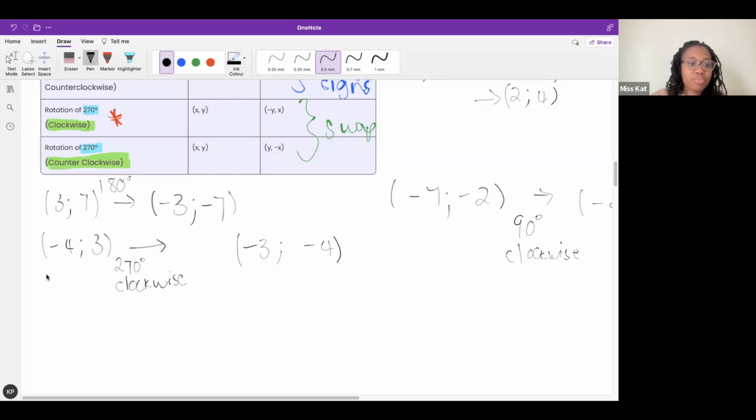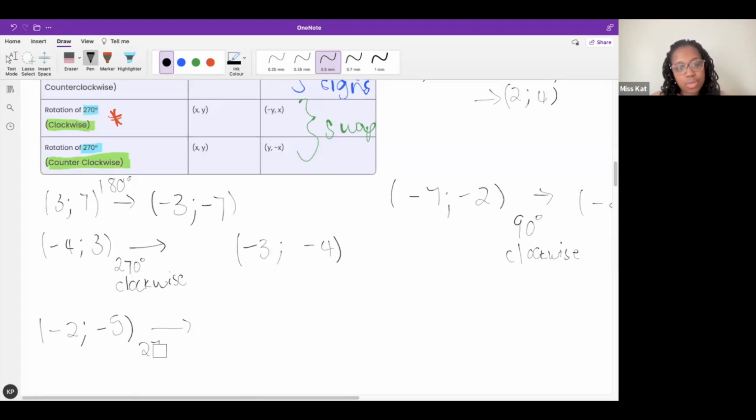You're saying if they were both negative, is that what you're saying? Yes, ma'am. And then they asked us to change it to 270 degrees clockwise. Yes, ma'am. Okay, so we have a -2 and a -5.